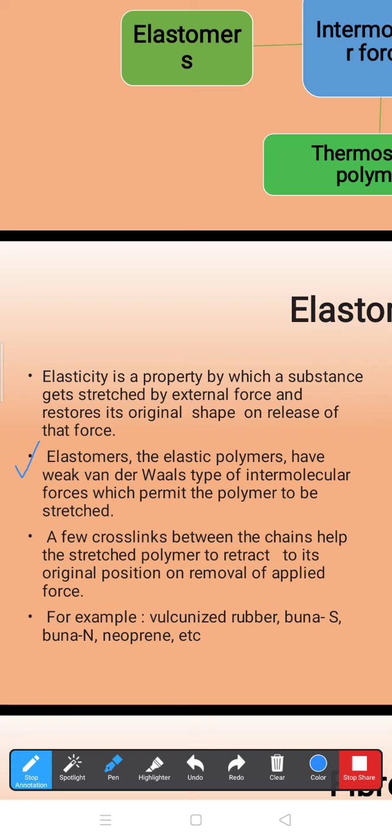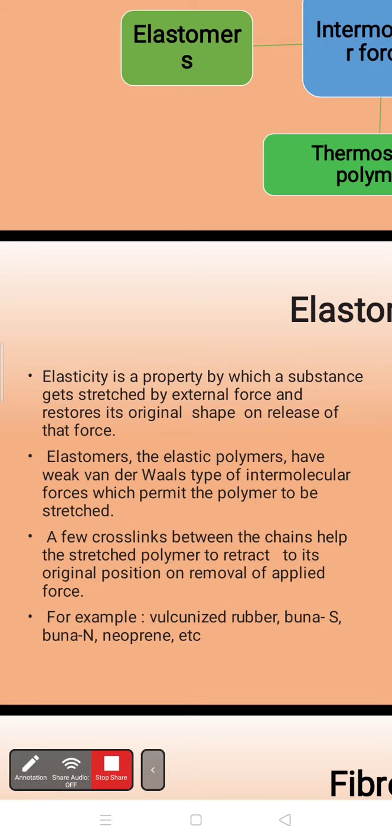A few cross links between the chains help the stretched polymers retract to their original position on removal of the applied force, which you can observe with simple rubber also. For example, vulcanized rubber, Buna-S rubber, Buna-N rubber, neoprene, etc. All these are examples of elastomers.